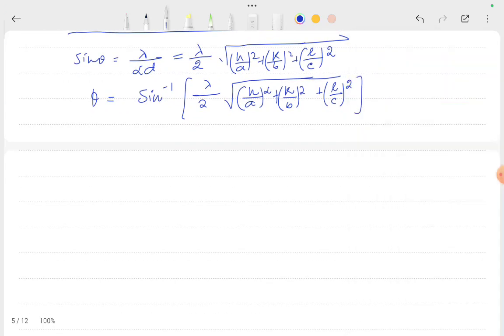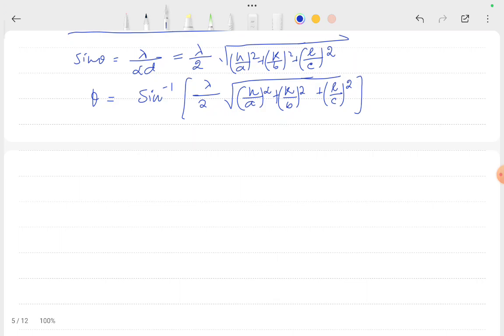Next, here a, b, c all values are different, right? If we interchange the values of a, b and c, then the Miller indices will also change, right? So here, as a, b, c are different, then Miller indices have 3 combinations.